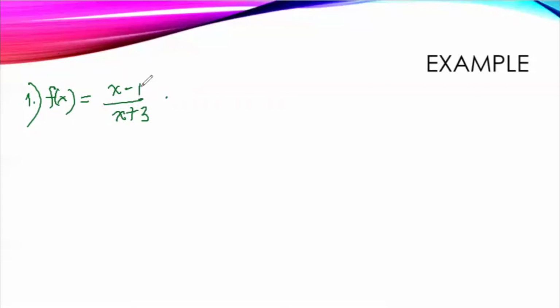Take note, the numerator is x minus 1 and it's not factorable anymore, and also the denominator. So we can now directly proceed to the theorem that we have, finding the quotient of two functions. So solution, find the limit of f of x as x approaches 2.